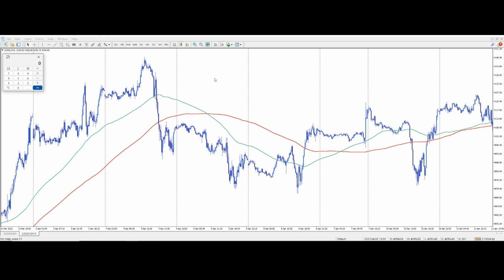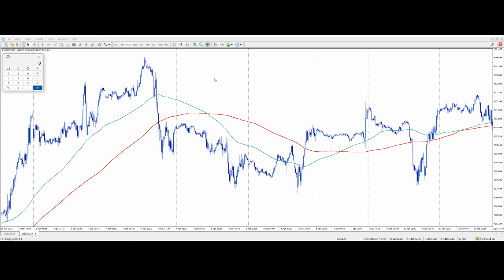Okay, so 200 moving average is showing you the price of 200 periods back, and it calculates that average and gives you a reference. So what I'm showing you right now on the chart is a traditional 200 moving average on the 15-minute chart.